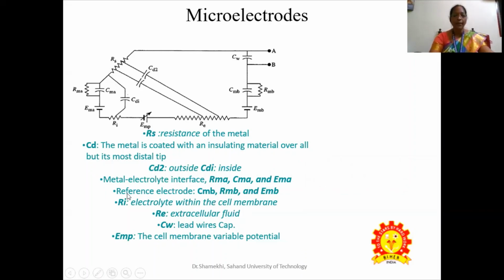We have the metal electrode interface with a resistance we call RMA and a capacitance we call CMA, and these are the equivalent resistances of the electrode, electrolyte, extracellular fluids, lead wires, and so on.